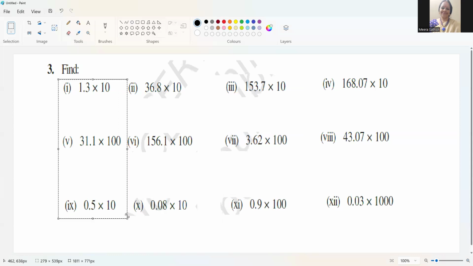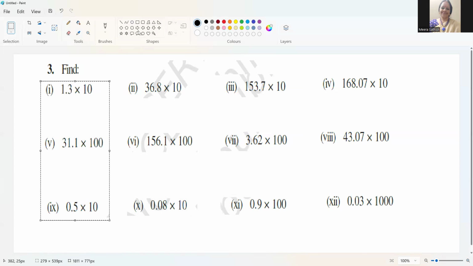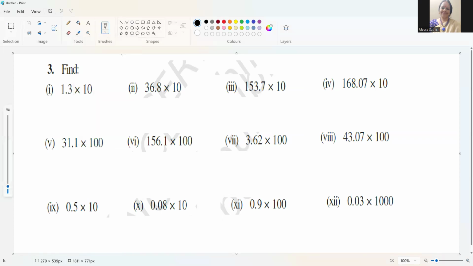So what you have to do is, remember, if you are multiplying with 10, 100, 1000 like that, one decimal place will be cancelled with one 0. 1 zero means 10. 2 decimal places means you need 2 zeros to cancel, that is, you need 100. 3 decimal places to cancel means 3 zeros needed.